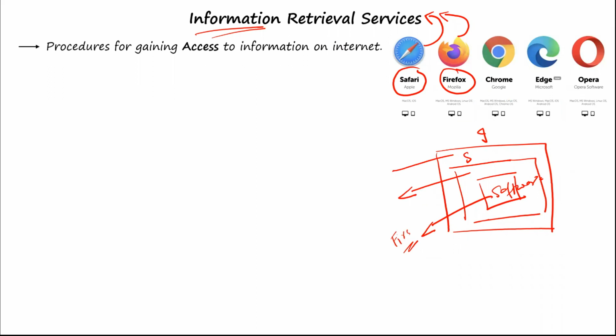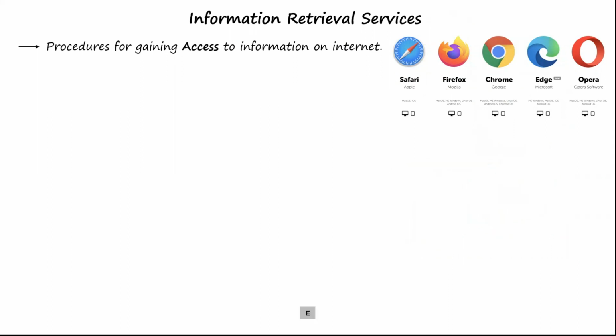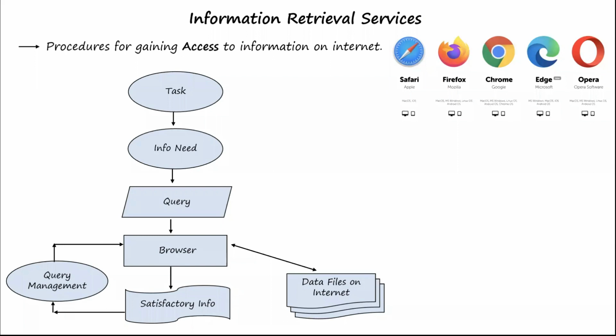So let's look at a flow chart and understand with a basic example how information retrieval service is being used by every one of us. Let me pull up the flow chart for you. So this is a general retrieval service flow chart, or information retrieval flow chart, we say.